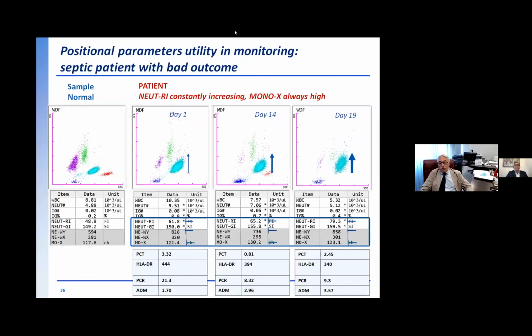This is a negative outcome in this patient with swinging, ranging values as for the various parameters, but we obtained positional parameter values that were constantly increasing with the greater value of positional parameters as against the typical markers predictive of sepsis.